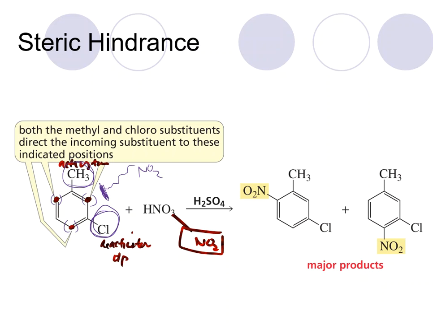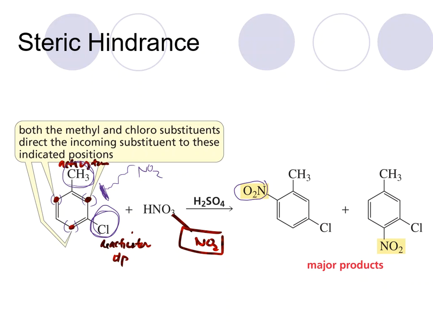So the NO2 is not going to want to go into that spot, even though it's available, even though it's directed to go there by both of these groups. It's not going to want to go there because it has a really hard time getting in there in the first place. So because of that, we see an NO2 group that's attached to the left in the ortho spot to the methyl group.